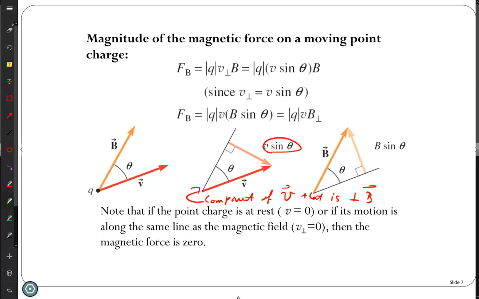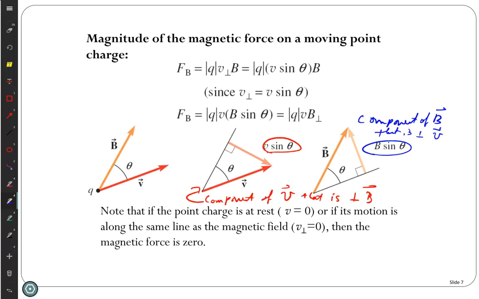The second picture is the component of B that is perpendicular to V. But in both cases, it was sine of the angle I used to find the opposite side of my triangle. And so no matter which one you do, you're going to have Q times V times B times sine of the angle between the two.